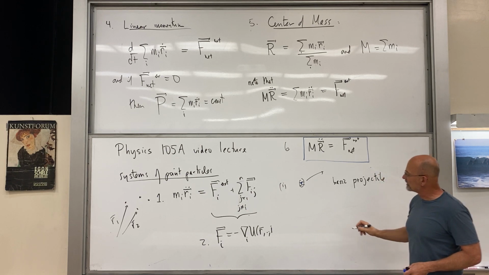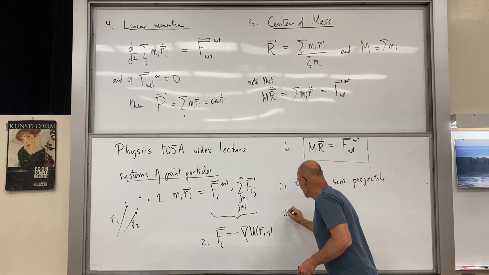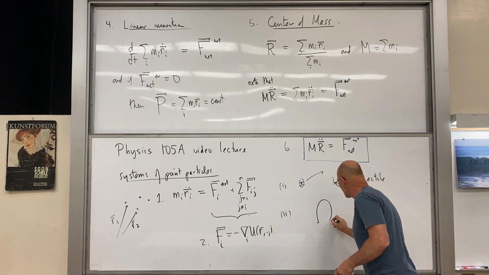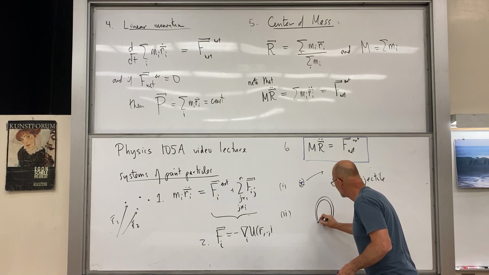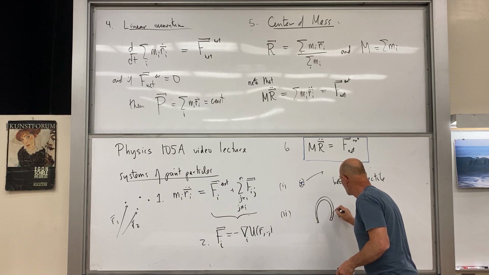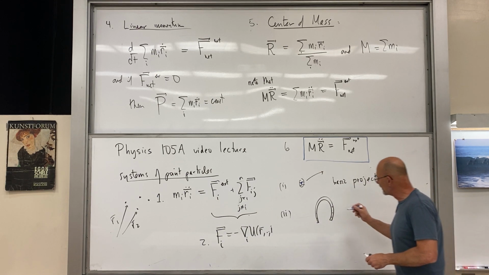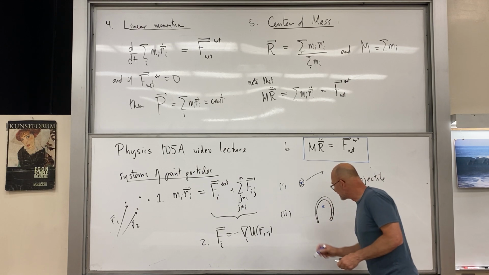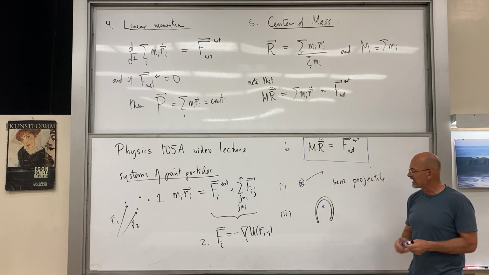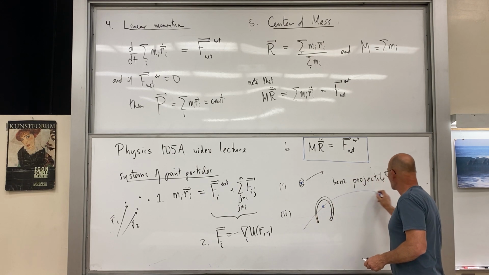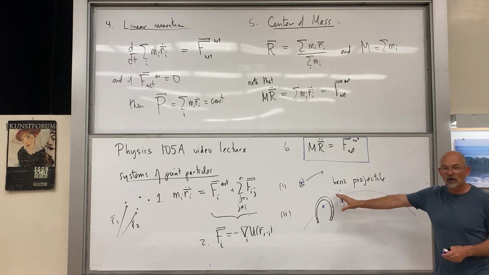But it gets more interesting, say we throw a horseshoe. Okay, so there's a horseshoe. And where's the center of mass of the horseshoe? The center of mass is located somewhere here, I'll just guess. And if we throw a horseshoe, it's that location that's going to undergo projectile motion.